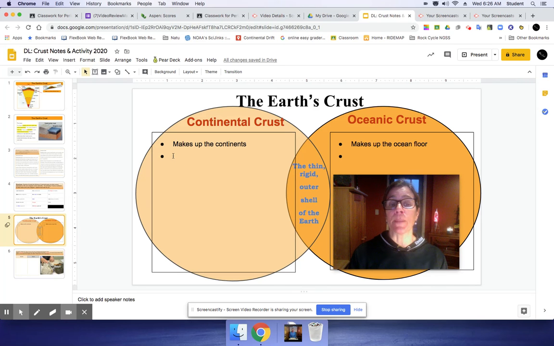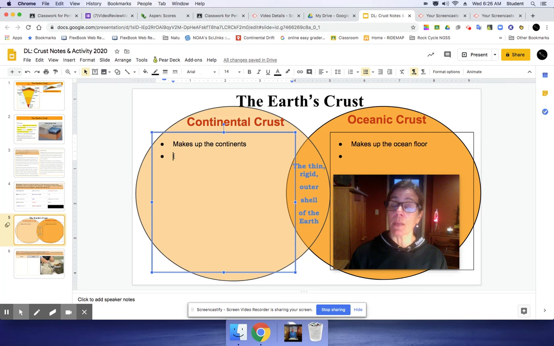So once you decide what phrase or word belongs in each section, oceanic versus continental, very simply just put your cursor into the text box, click it to open it up and start typing away. The bullets are already there for you. It's already been formatted. So this should not be difficult.